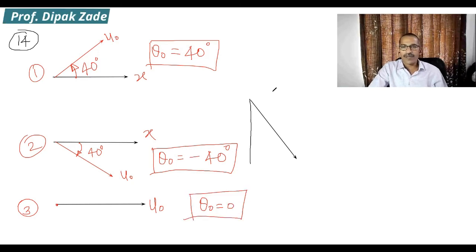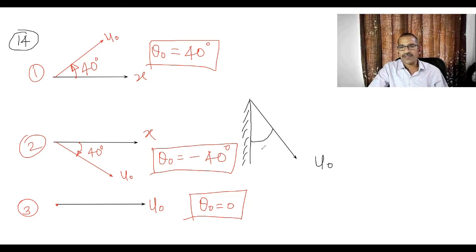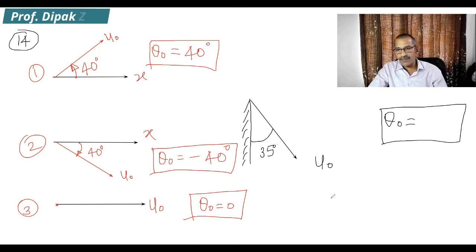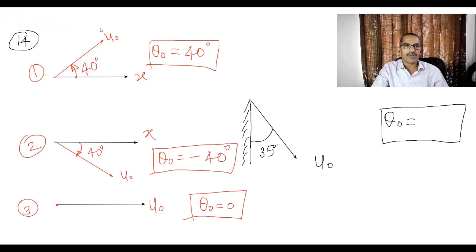Simple. Now in this last case, this is a wall. What is given is u0 and this angle is, say, 35 degrees. What is the theta 0 value in this case? You know theta 0 is always measured with the positive x-axis in the anti-clockwise direction. Your theta 0 of 35 degrees is not possible. Then what do you have to do?